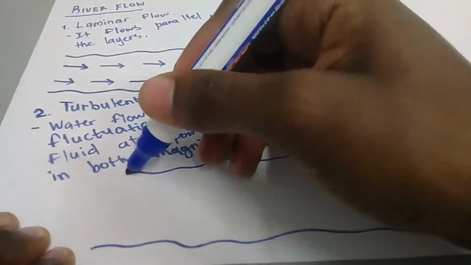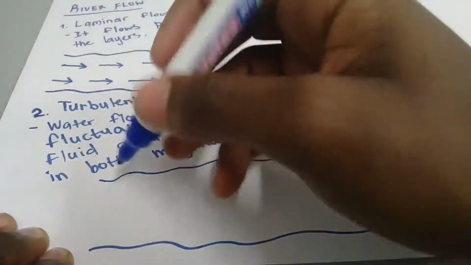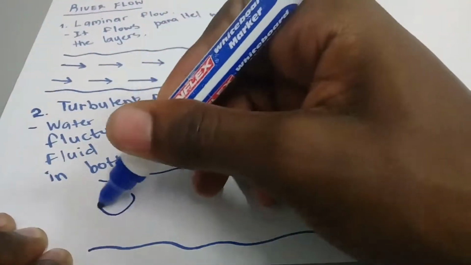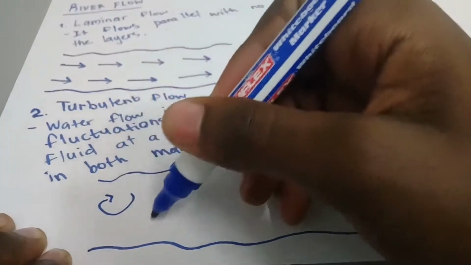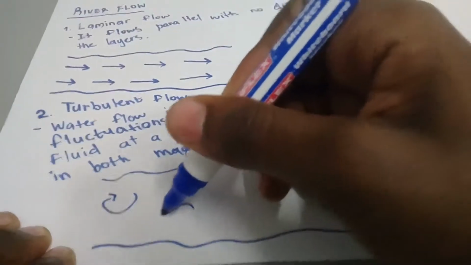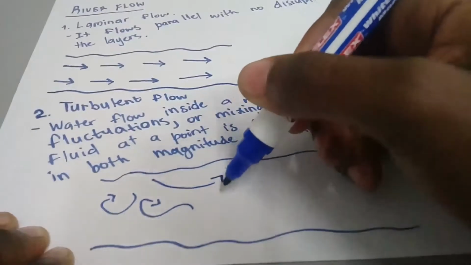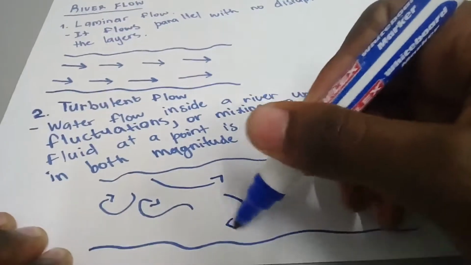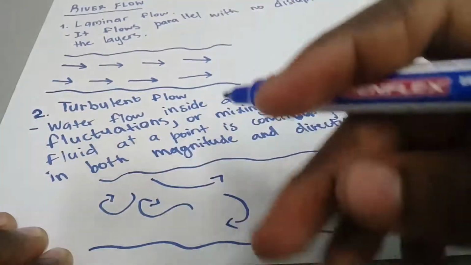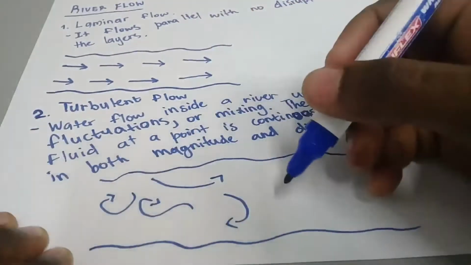It's our water. See? Water moves like this in an irregular way, while the laminar flow moves in a regular, smooth way.